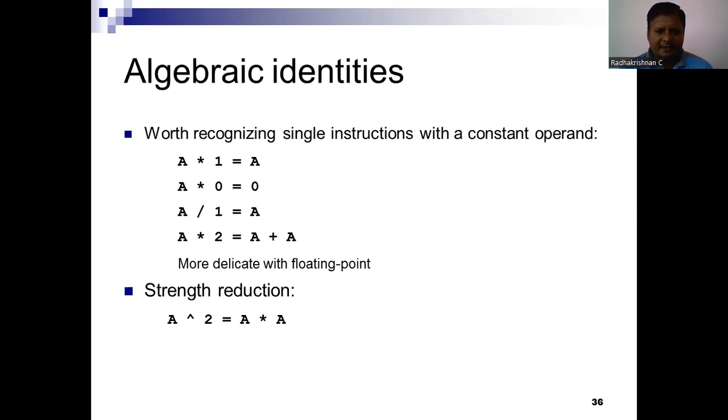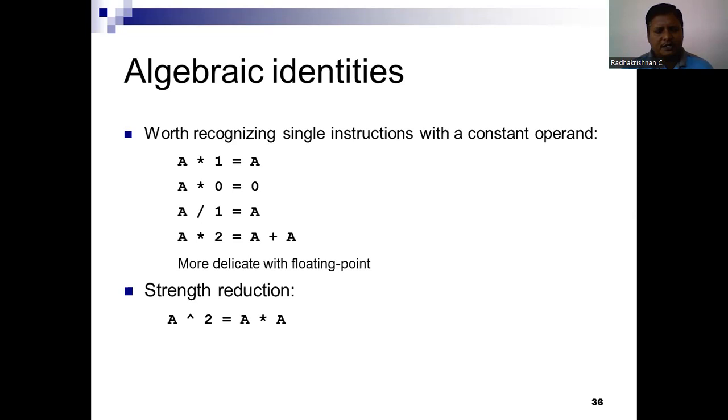Algebraic identity means, for example, for multiplication the identity value is 1, for addition the identity value is 0, and for division it is 1. In that case, the computation A * 1 is equal to A, so there is no need for the multiplication process; you can assign directly. Next, A * 0 is equal to 0, so you can store 0 directly.